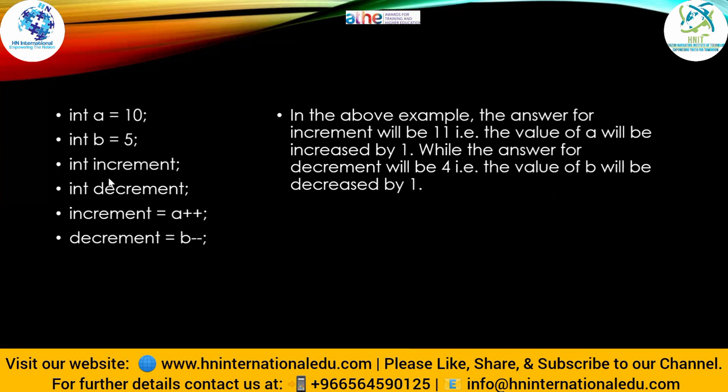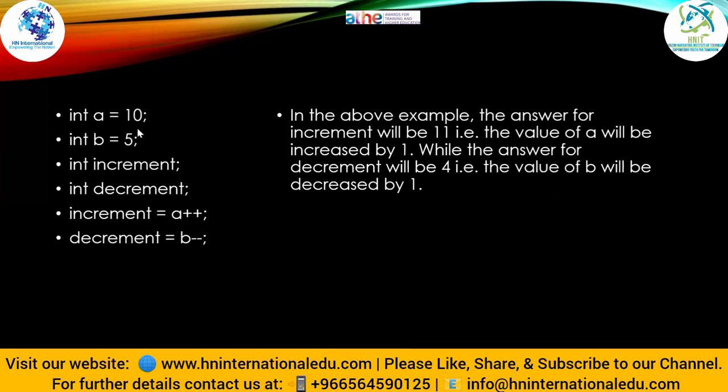And now we are going to assign the increment with the increment operator, a plus plus. Whenever it runs this statement, it will add 1 to 10 and show the result 11.